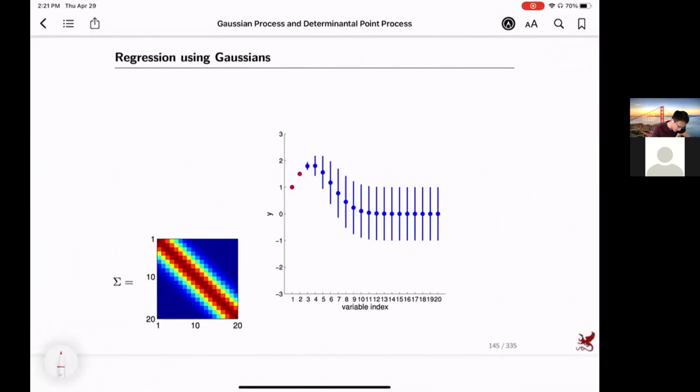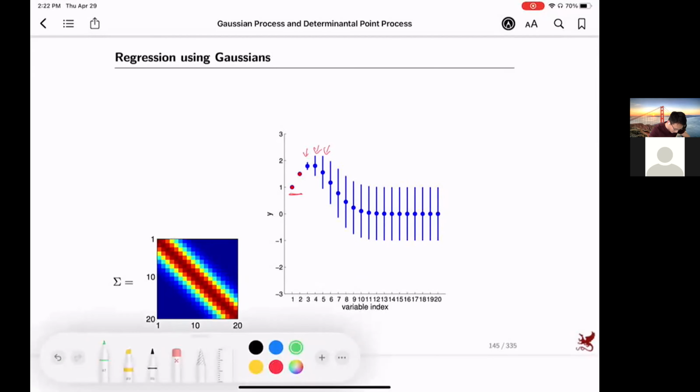Maybe I shouldn't use red, to avoid confusing you with the observed points.